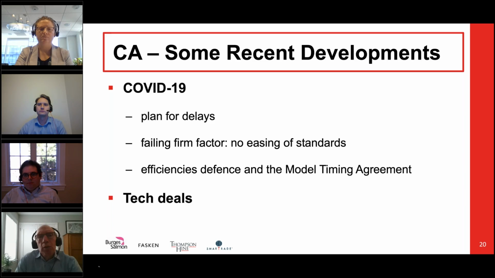And the important point here is that the Competition Bureau has recently communicated their intention to adhere to the standards, which are rather high standards, to demonstrate that the failing firm factor exists and that a transaction does not pose a risk of substantial lessening or prevention in light of that.